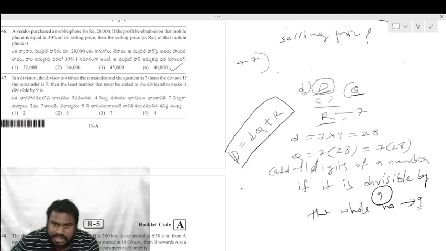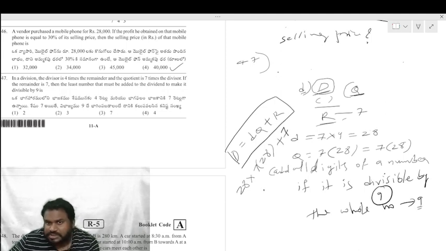D is 28, Q is 7 into 28, and R is 7. So 28 into 7 into 28 plus 7 must be divisible by 9.